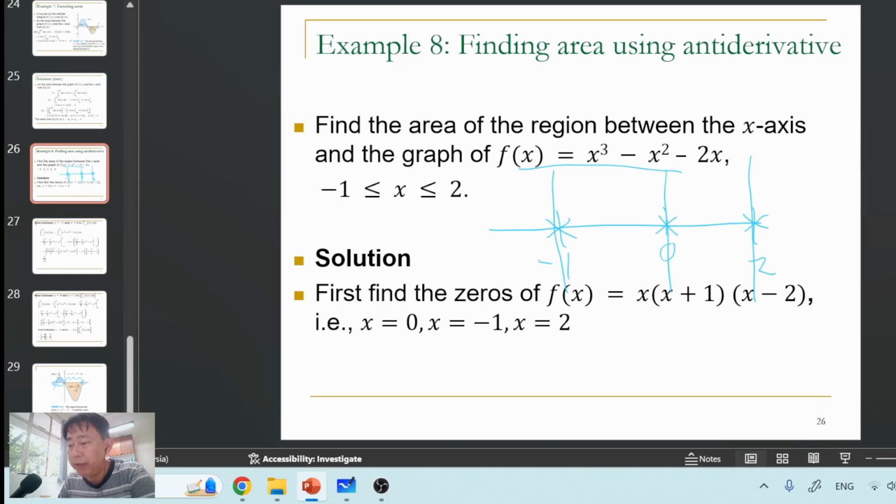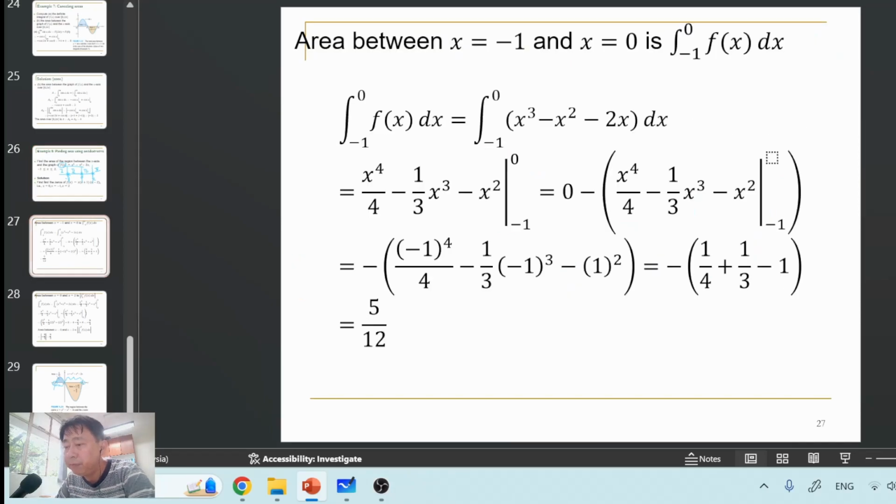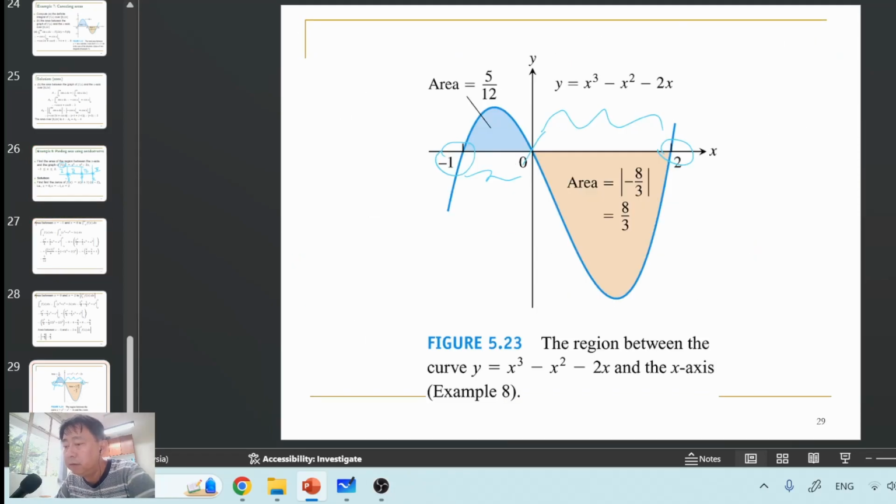There are three zeros, therefore you can separate the function into a few regions. Then you have to look at the sign of the function in region 1, region 2, region 3, and region 4, and be clear in which region the function is positive and in which it is negative. Looking at this curve, the region between here and here is positive, and between here and here the function is negative.